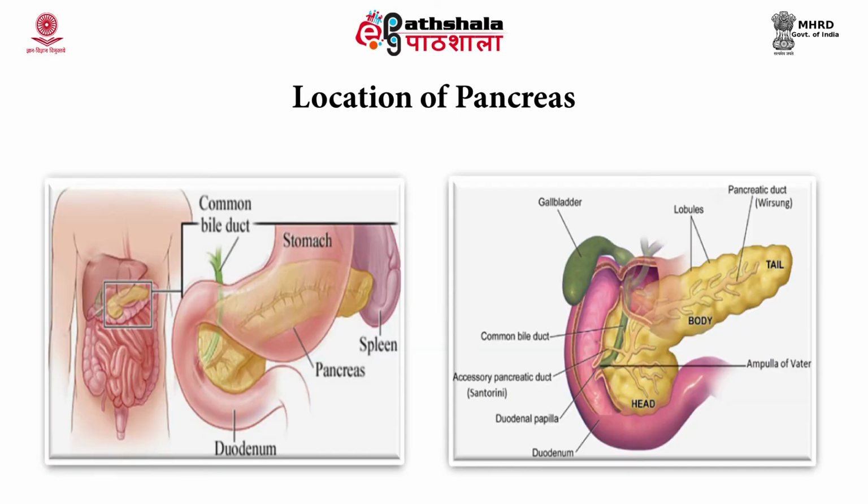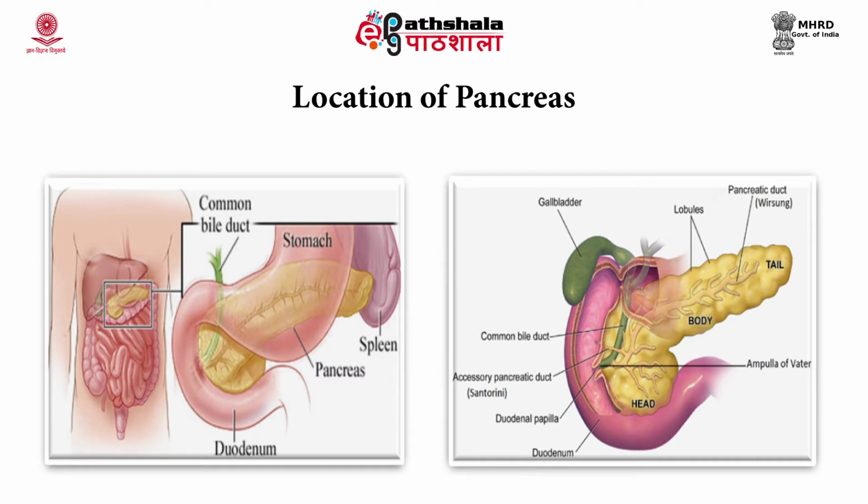Now, this pancreas is present in between the two arms of the duodenum, on the right side of the body, and it is made up of three important parts. The first part is the head, the second part is the body and the third part is the tail. The head, situated on the right side of the body, is again made up of the head proper and the uncinate process.